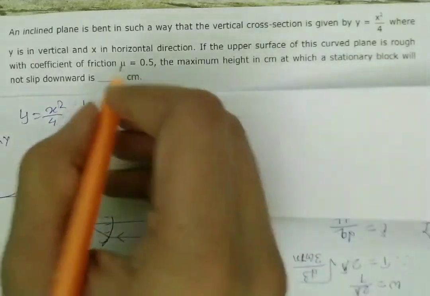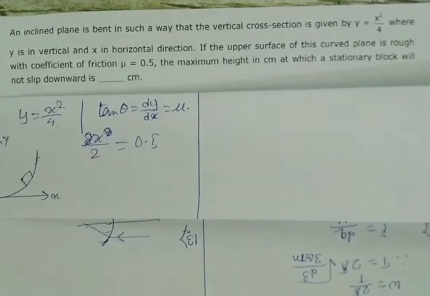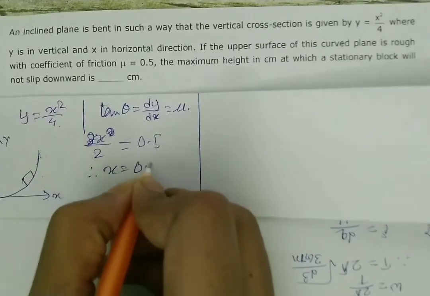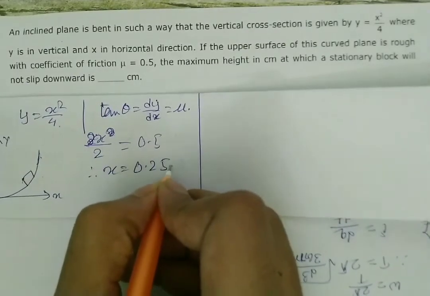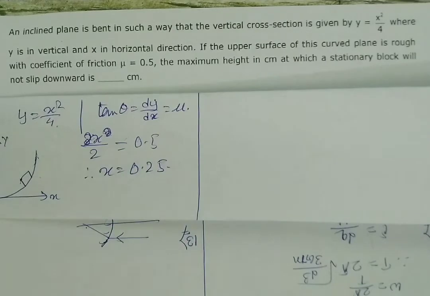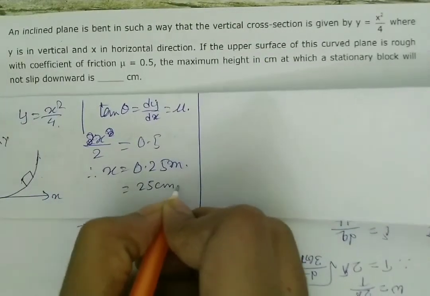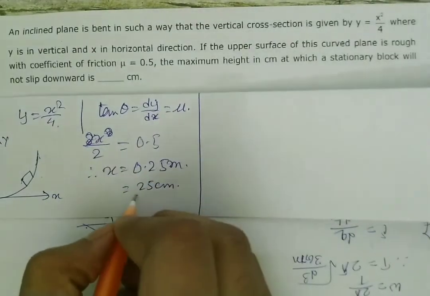It is given that mu is 0.5. So you can clearly say x is equal to 0.25. If we consider this as meter, then 2.5 will be centimeter. So the correct answer is 2.5 centimeter.